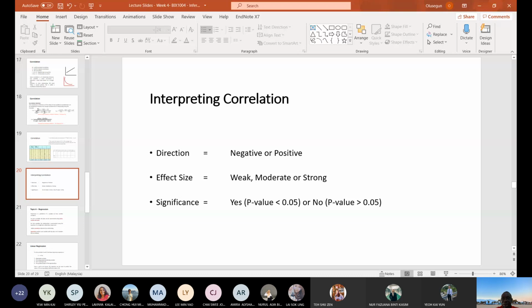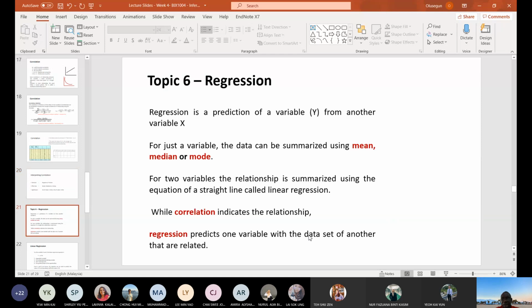So I will quickly go to regression now to explain what regression is all about, because they work together. While correlation looks at the relationship or association between two variables, regression looks at predictions of variables, or determining a variable from another variable in a relationship.